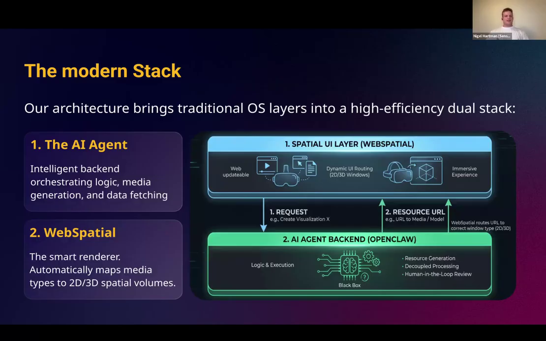So you already have with WebSpatial a really flexible front end, because it can open 3D files, it can open 2D files, and you could build these types of windows really easily during runtime using React components. So you're really flexible on the front end, and you're really flexible on the back end, because OpenClaw can basically do anything you want, which is a really personalized back end experience.